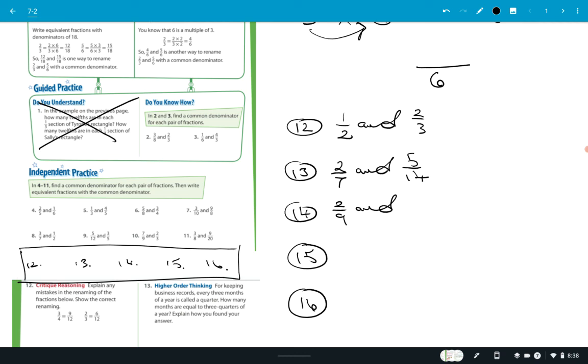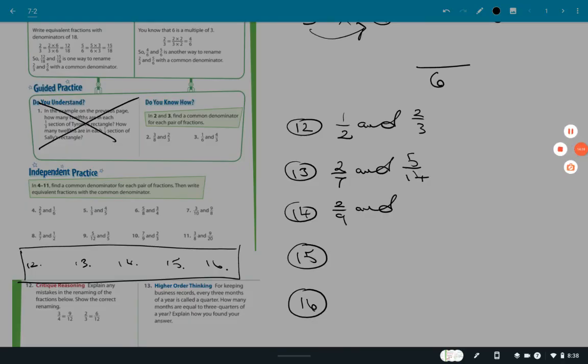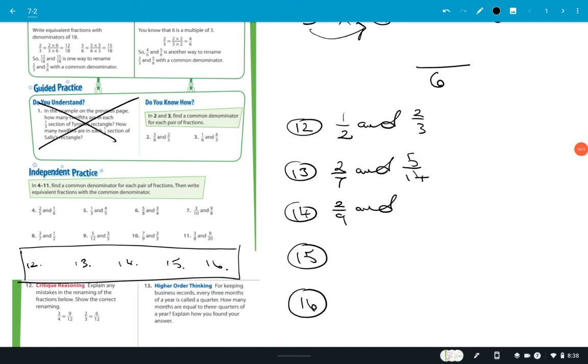Hang on 1 second, because this is still recording. Oh, wait, did I start the recording? I hope I did. Yeah, I did, good. So 2/9 and 4/18. Okay, well, you can find space somewhere. I'm not worried about it. It'd be kind of silly to get a whole separate sheet of paper.